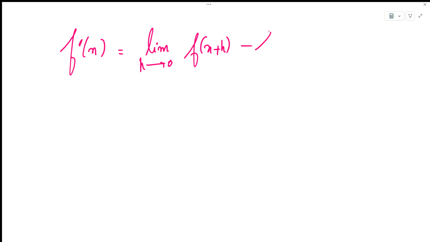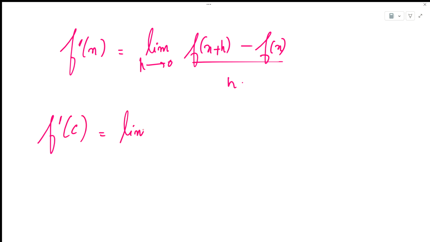Now you would know that f dash x is limit h tends to 0, f of x plus h minus f of x divided by h. Likewise, what will be f dash c at any point c?